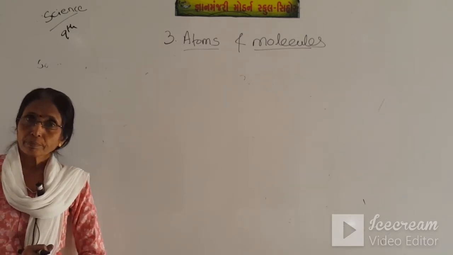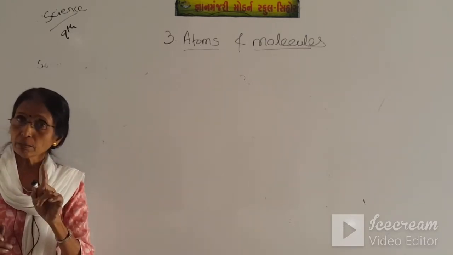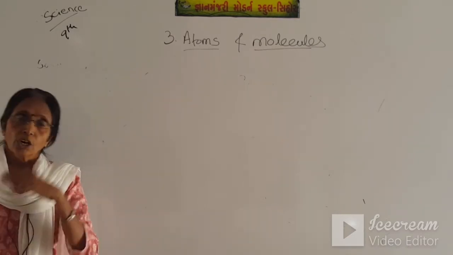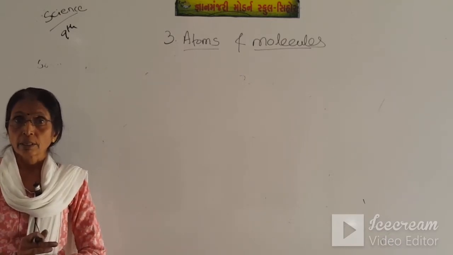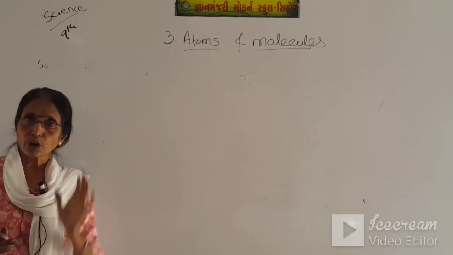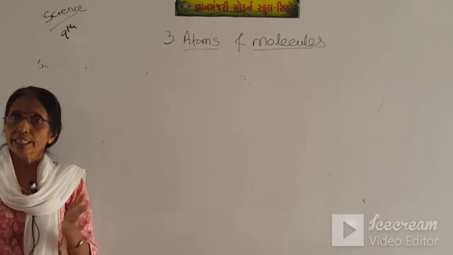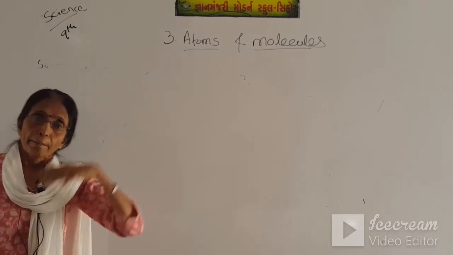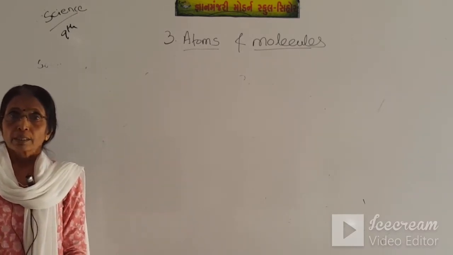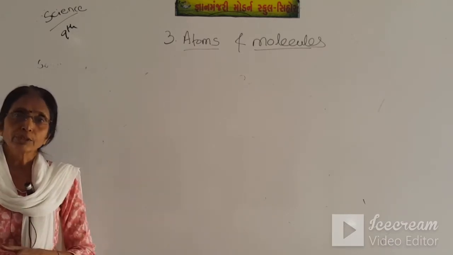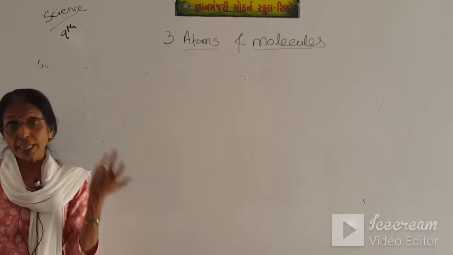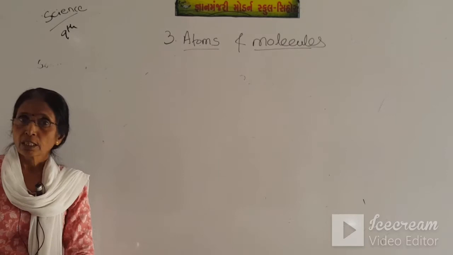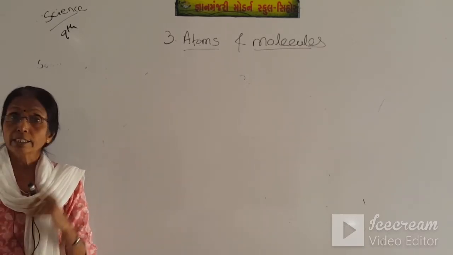Then it is called an ion. An atom has no charge. An ion has either a positive or a negative charge. In an atom, the number of protons and the number of electrons are equal to each other because there is no gaining or losing of electrons. But in an ion, the number of protons is not equal to the number of electrons, because when any atom loses or gains electrons, then an ion is formed.